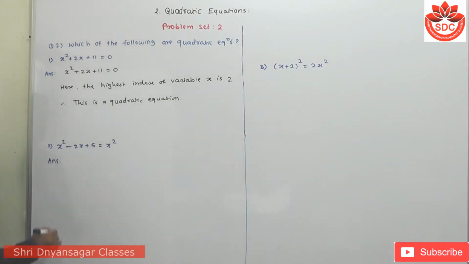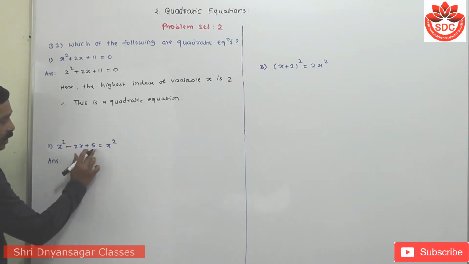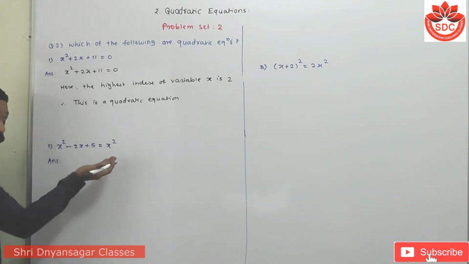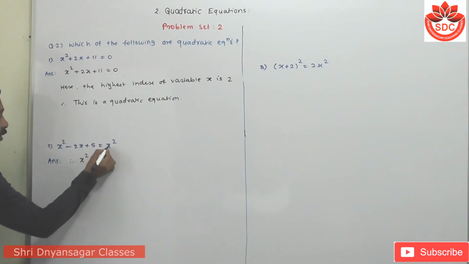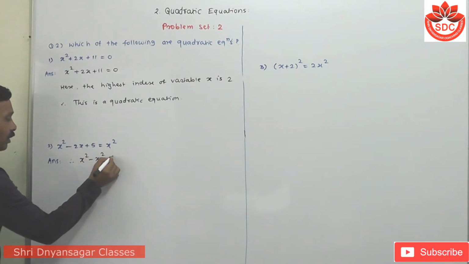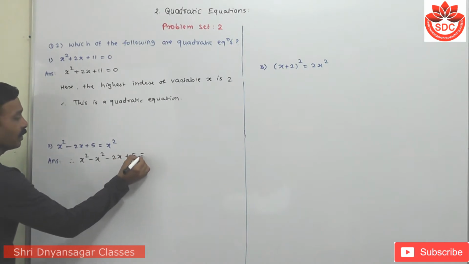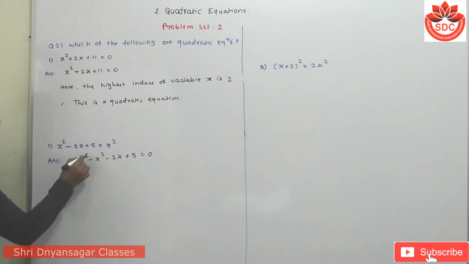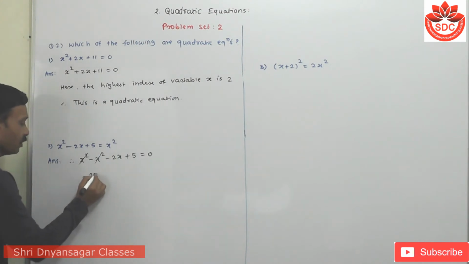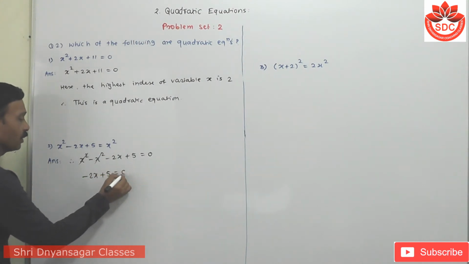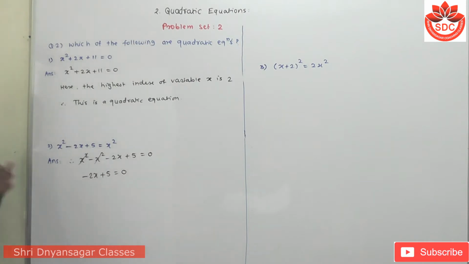Then the second one is x square minus 2x plus 5 is equal to x square. Transpose this to the other side. We directly write x square minus x square minus 2x plus 5 is equal to 0. Then x square gets cancelled. The equation becomes minus 2x plus 5 is equal to 0. Now here the index is 1.